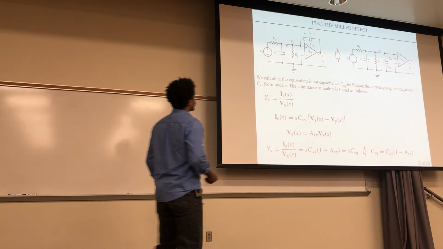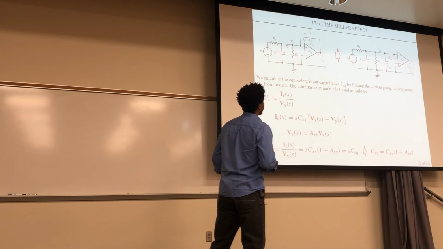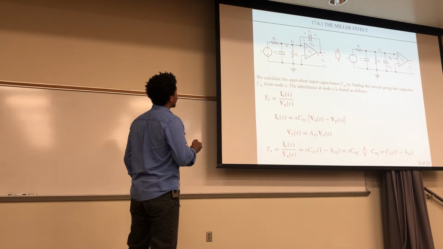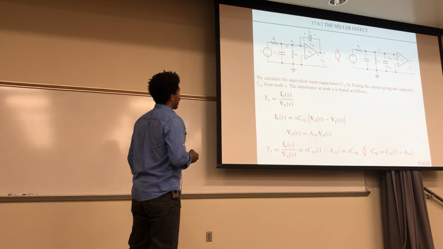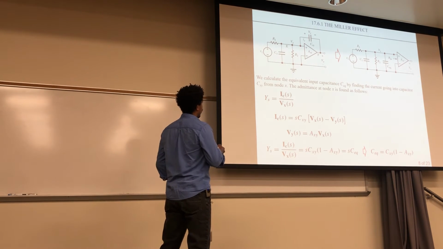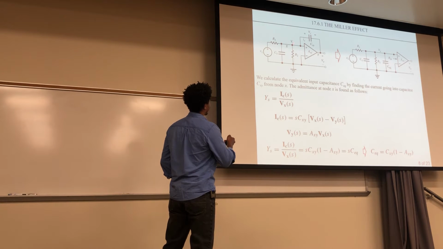Okay, so we'll calculate the equivalent input capacitance, CEQ, by finding the current going through the capacitor CXY, this current right here, IC, from this node. And so let's first look at the admittance. So the admittance, YS, is IC, this current right here, divided by Vx, which is the voltage right here.